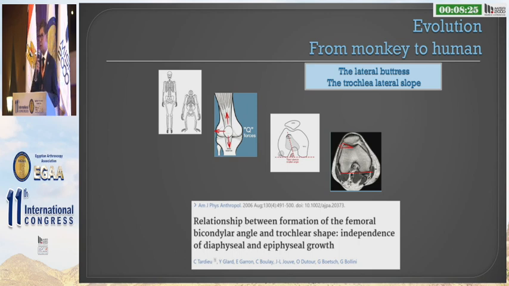They walk with the knee straight compared to apes who walk with the knee bent and with a varus. So they don't have any huge forces on the patella. Humans have a lateralized tibial tubercle in order not to overstress the medial compartment of the knee, and in order to compensate for this huge Q force that acts on the patella, humans have developed this lateral buttress or trochlear slope.